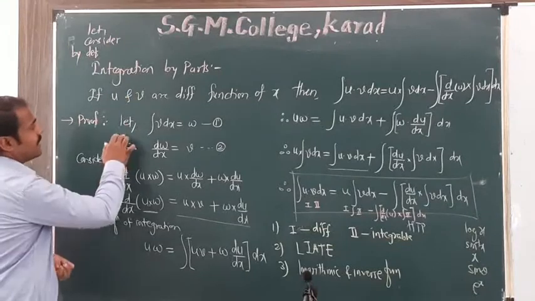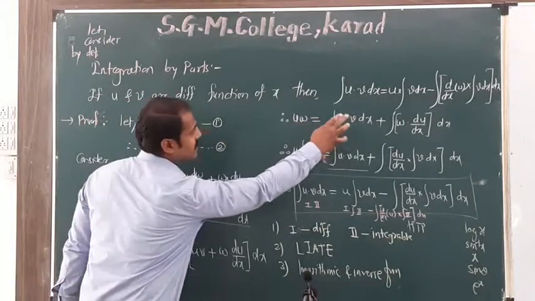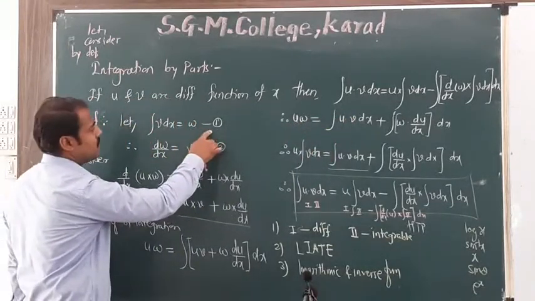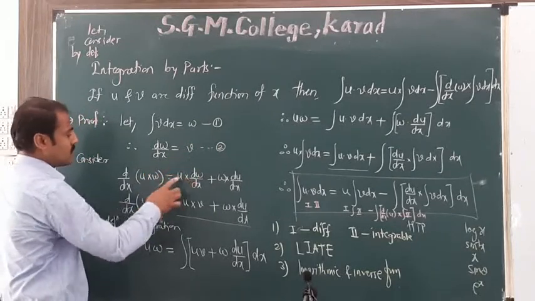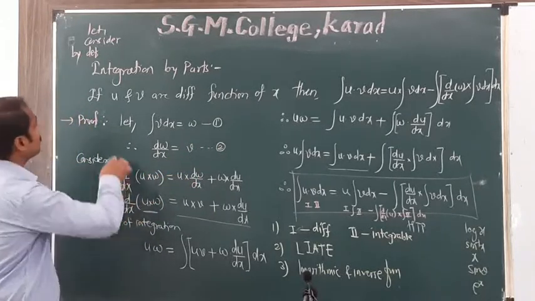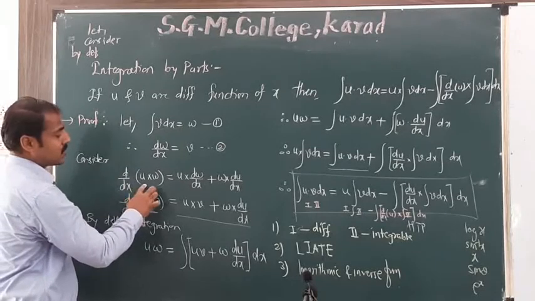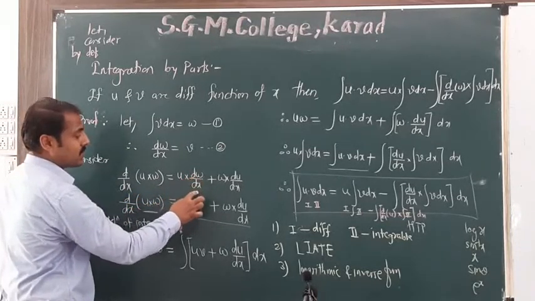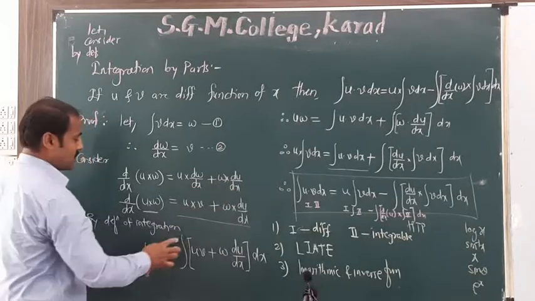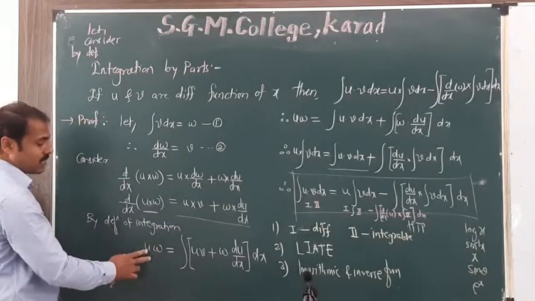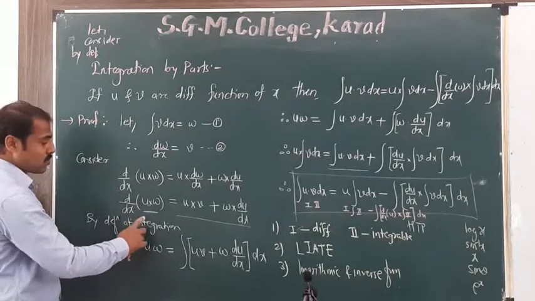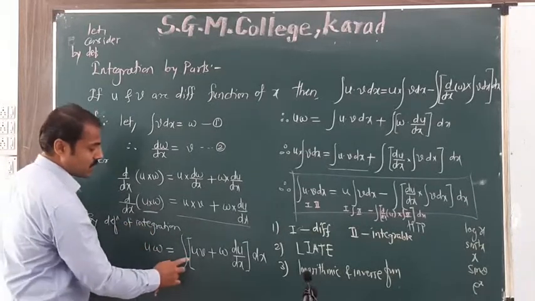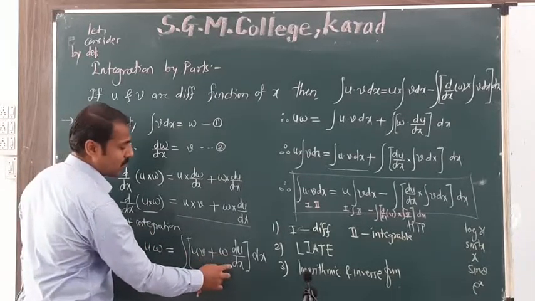Let integration of that function in RHS, integration of v dx, be w, therefore dw by dx is equal to v. Second step, consider d dx of u into w using the product rule, first as it is into derivative of second plus second as it is into derivative of first. And by definition of integration, taking integration on both sides, u into w is equal to integration of u into v plus w into du by dx.